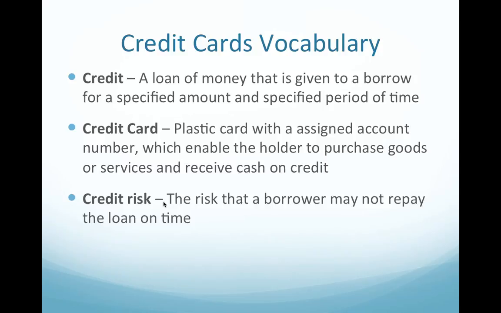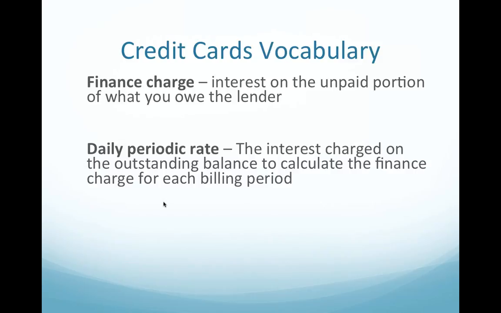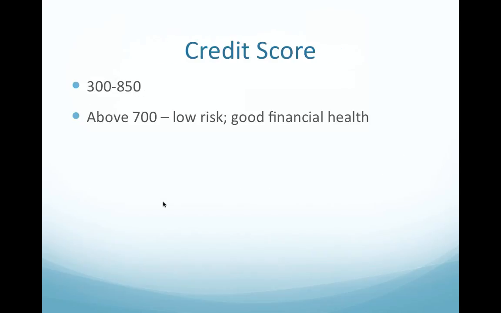The higher the risk, the higher the rate. Finance charges is the amount of interest on the unpaid portion. Daily periodic rate is the interest rate charged on the outstanding balance to calculate the finance charge for each period. Annual percentage rate is what the rate is for each year.